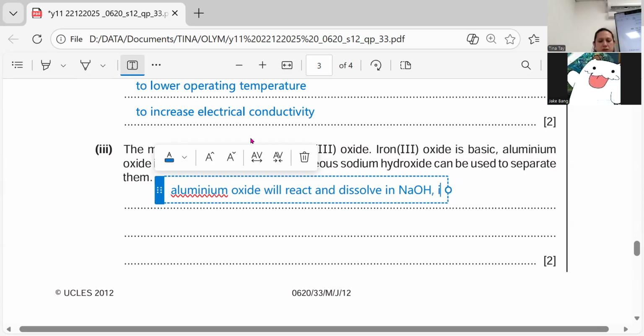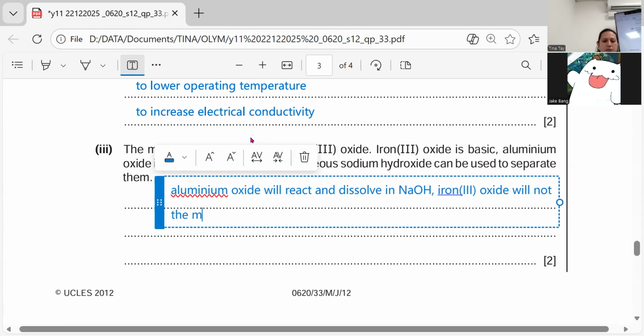Iron trioxide will not. The mixture can be filtered to remove solid iron trioxide.